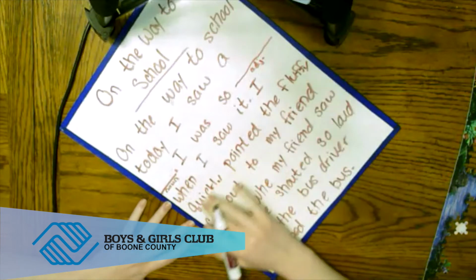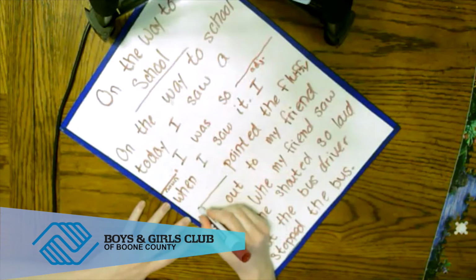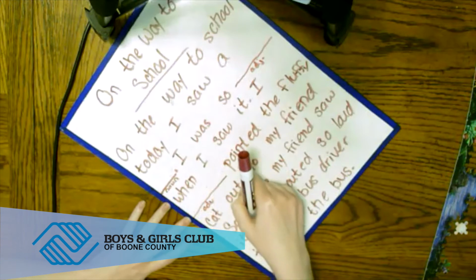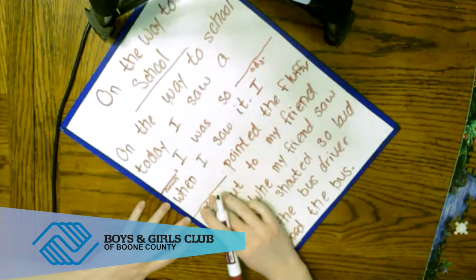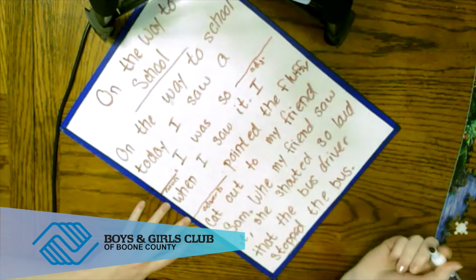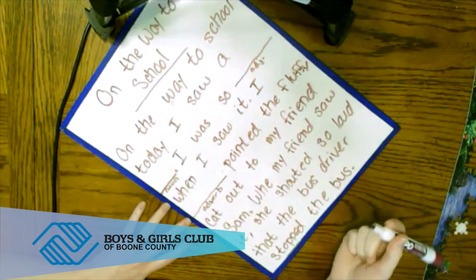Let's erase this one as well. Now that one's actually an adverb because that described the verb we had there, the verb being pointed. Oh, yep, adverb. So an adverb is something like quickly, slowly, lazily.